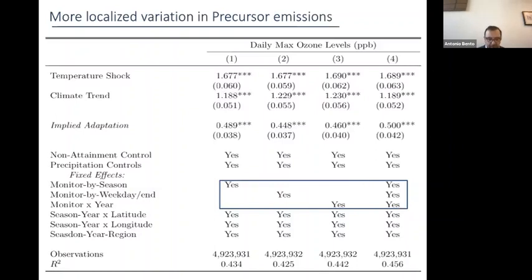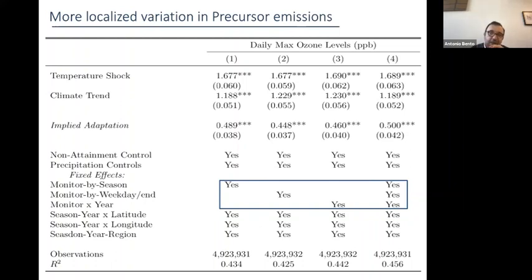Now, we played a little bit with the fixed effects, I think, to get implicitly at one of Richard's questions that have to do both with regulations, but actually equally important, about the underlying composition of precursors.